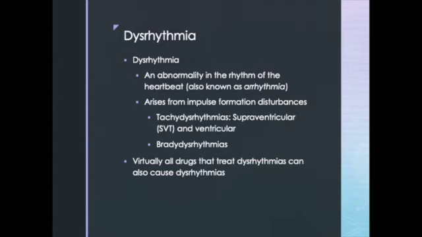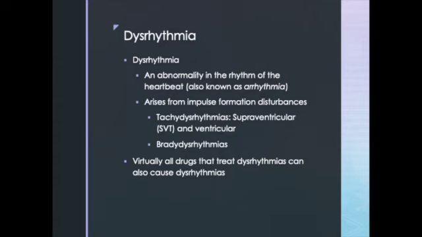There are also 2 basic types of dysrhythmias: tachydysrhythmias and bradydysrhythmias. Now, we're only going to be talking about tachydysrhythmias. This is by far the largest group of dysrhythmias and the ones that will respond best to the drugs we're going to talk about.